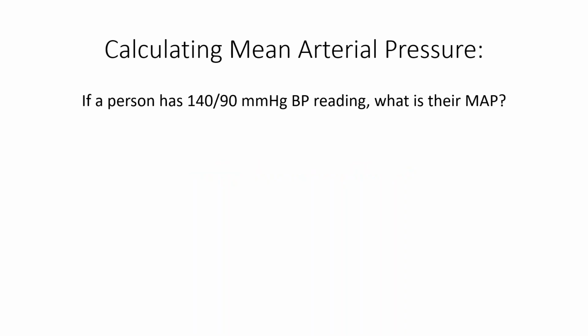So there's one more example now. You can apply the same formula. Another person has come to you with a 140/90 mmHg BP reading. What is their mean arterial pressure? Can you calculate?